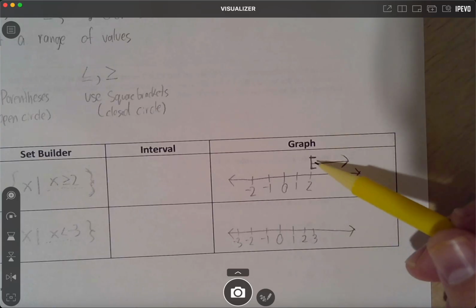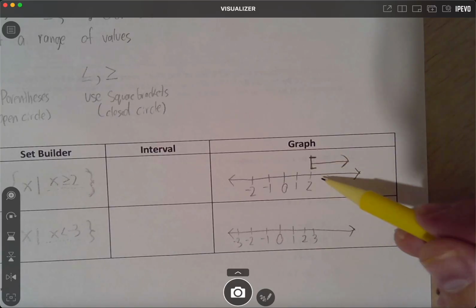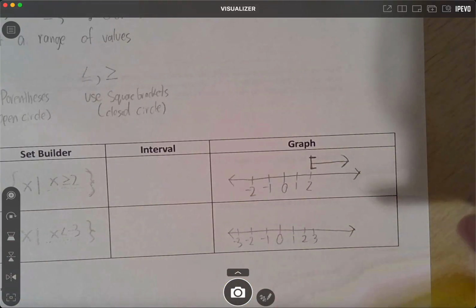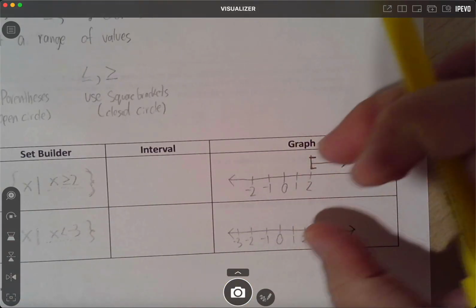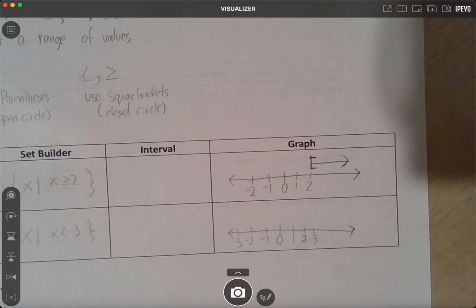Now, the great thing is your online homework doesn't quiz you on did you have this square bracket in the right direction, so that's nice that they don't make you guess on that. But you'll need to kind of learn that, okay, it starts at 2, and then if the arrow's going to point that way, the square brackets are going to wrap around the arrow that you're drawing out.